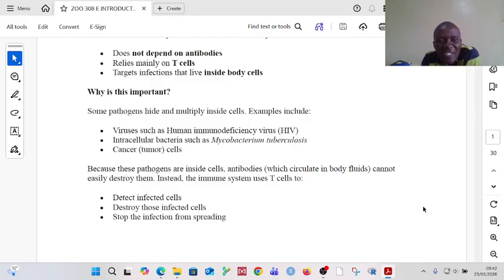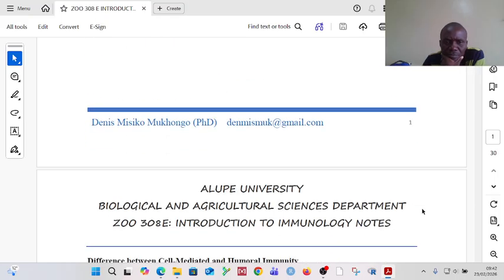After that destruction, because the infected cell has been destroyed, the infection will not be able to spread. What is important to note is that the antibodies cannot do this, because the pathogen is inside the cell. So some other mechanism, in this case the T cells, have to perform that particular role.